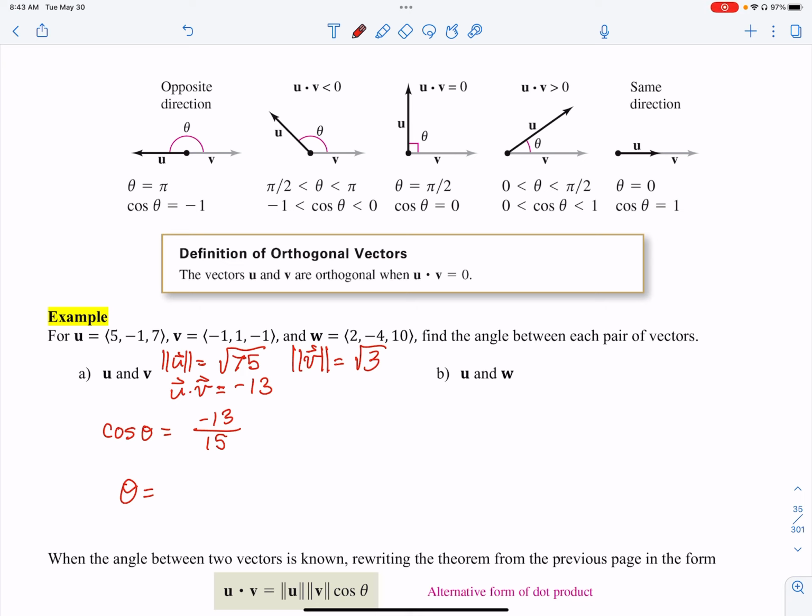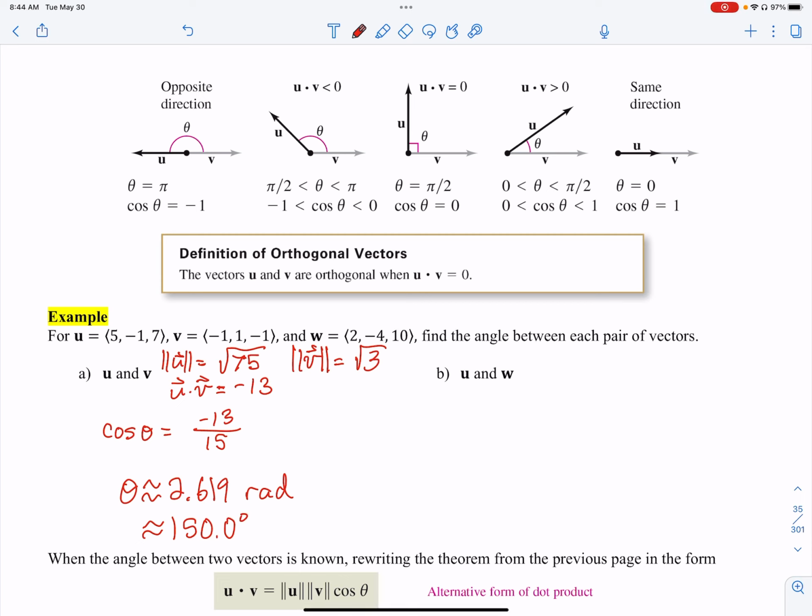I got that the angle is roughly 2.619 radians. We could even convert that by multiplying by 180 and dividing by pi. It is roughly 150 degrees.